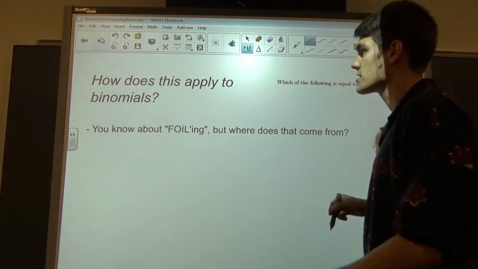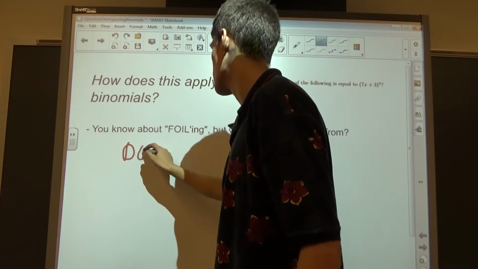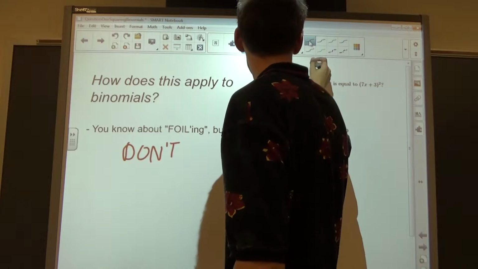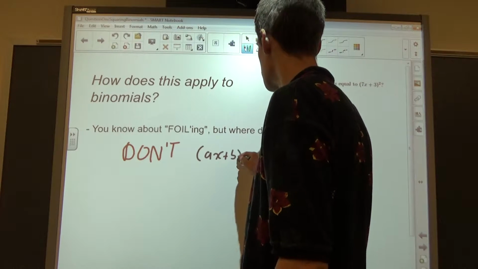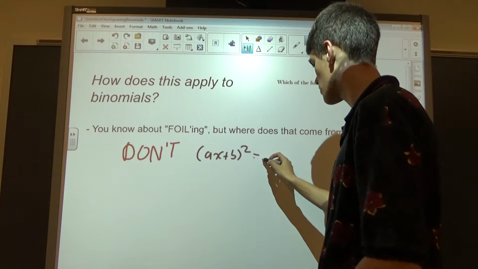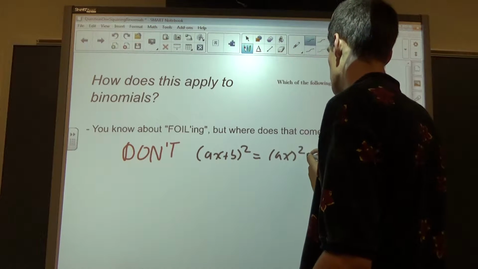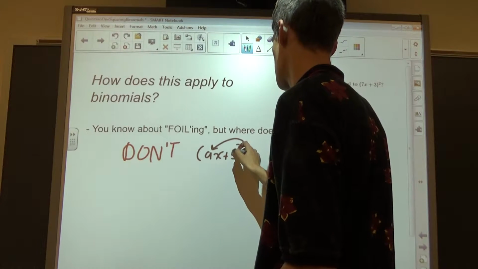The first thing I want to say is you definitely don't want to do this. So you have some ax plus b, some binomial, and you're asked to square it. A lot of you want to just bring down the 2. Please don't do that.